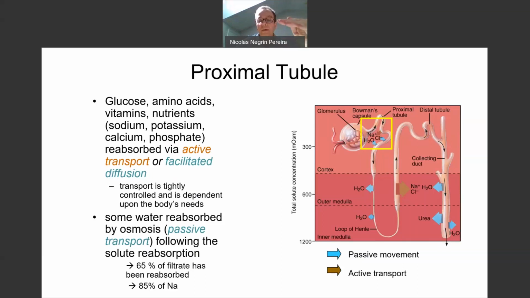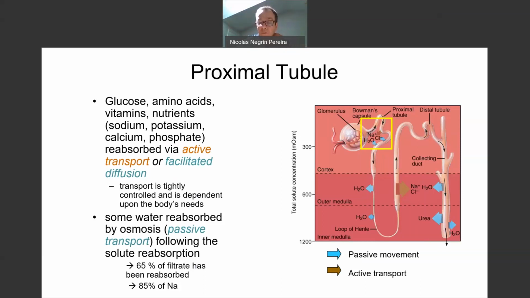But as we start moving from the cortex through the outer medulla into the inner medulla, we can see how the osmotic concentration and solute concentration start getting higher as we move towards the inner medulla of the organ.